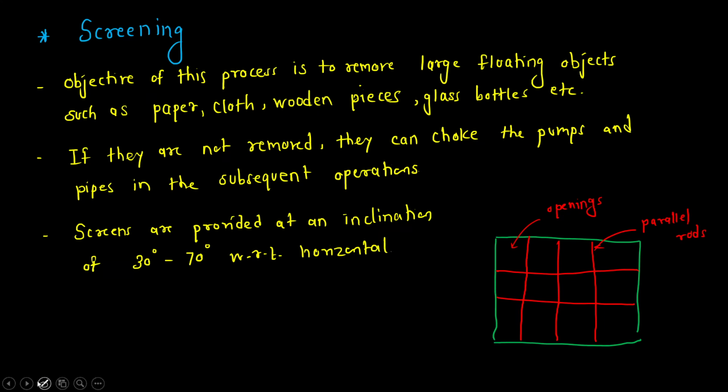Now the last point about this is the classification of screens based on size. It is classified into three types. The first one is coarse screen, the second is medium screen, and the last is fine screen.